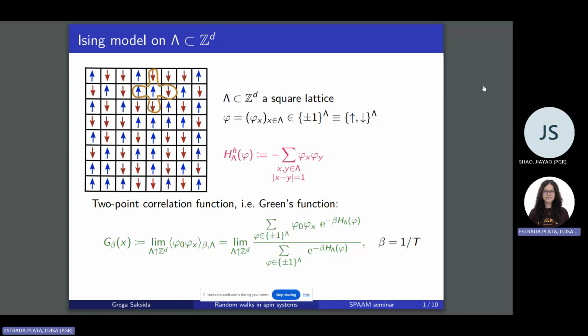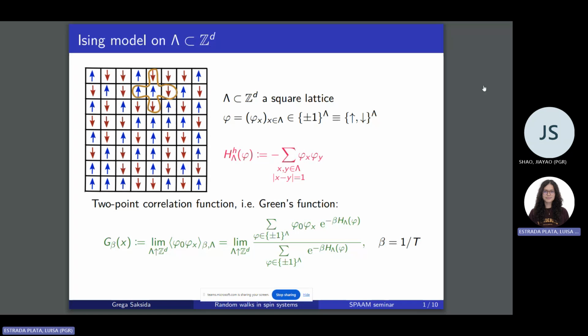And then we do this in the infinite volume limit, meaning we're increasing the lattice to infinity. And as mentioned earlier, what we're actually interested in is how this function behaves as we push x to infinity, in whether there is any correlation between a spin at some site 0 and some faraway site.